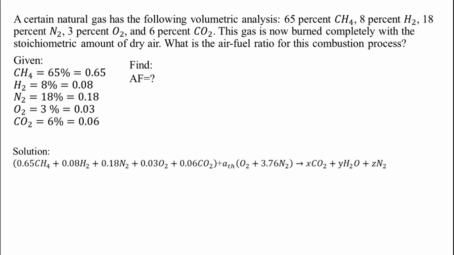Considering 1 kilomole of fuel, the combustion equation can be written as 0.65 kilomole of methane plus 0.08 kilomole of hydrogen plus 0.18 kilomole of nitrogen plus 0.03 kilomole of oxygen plus 0.06 kilomole of carbon dioxide plus the theoretical amount of air, oxygen plus 3.76 nitrogen, which is balanced to X carbon dioxide plus Y water plus Z nitrogen.